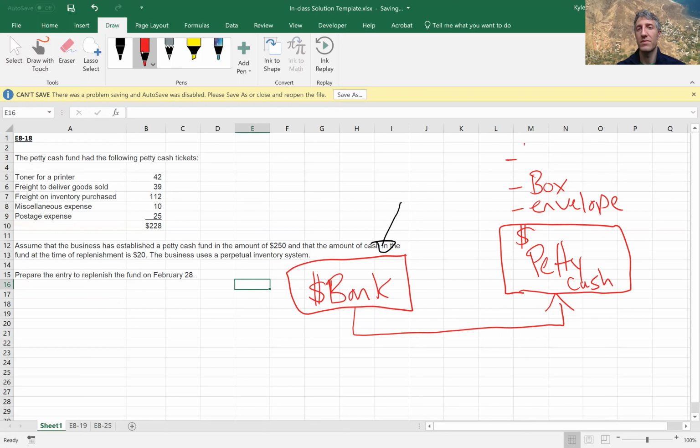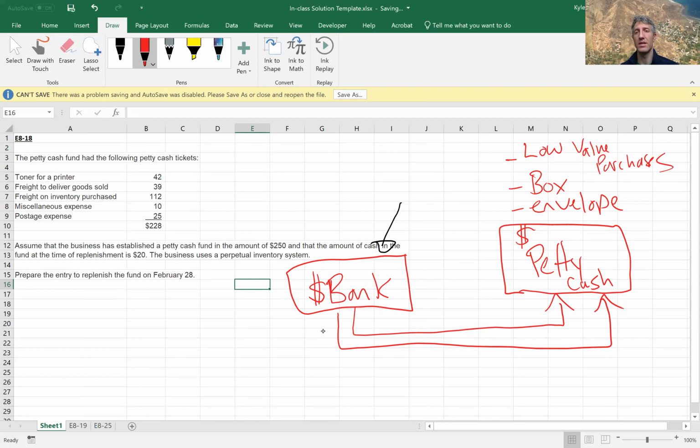This petty cash fund is for low value purchases. So when an organization establishes a petty cash fund, and I know this isn't part of the problem, they would be physically going to the bank and withdrawing money and putting that money into a petty cash box or an envelope or whatever.